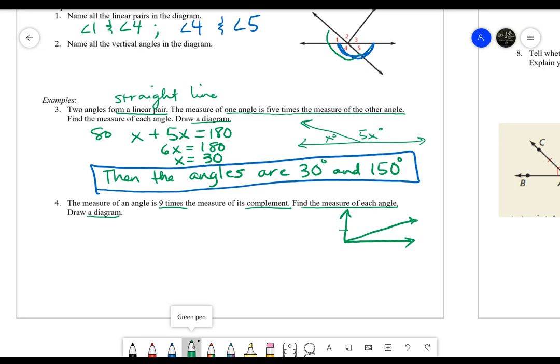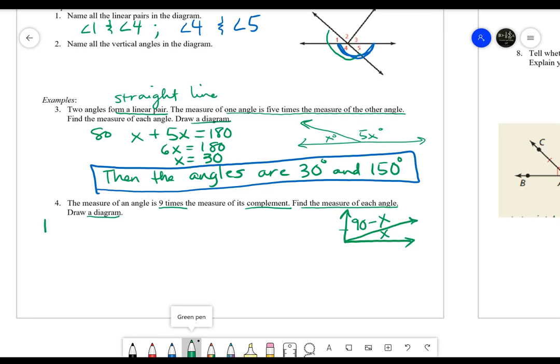So let's call this one x. And the other one is going to be 90 minus x. That's its complement, because together they have to add up.